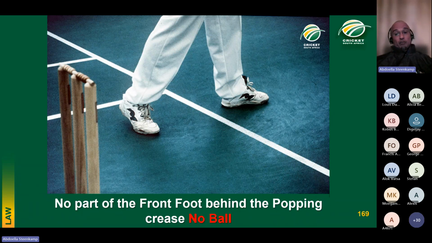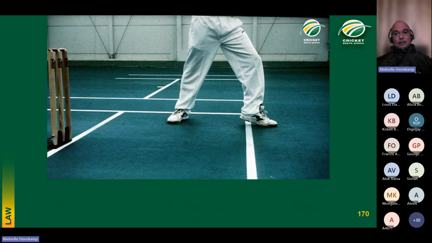Even though the foot is now way over the back edge of the popping crease, if upon first landing the part of the foot grounded or raised was behind the back edge of the popping crease, it would be a fair delivery. So the emphasis is on first landing and not where the foot ends up.